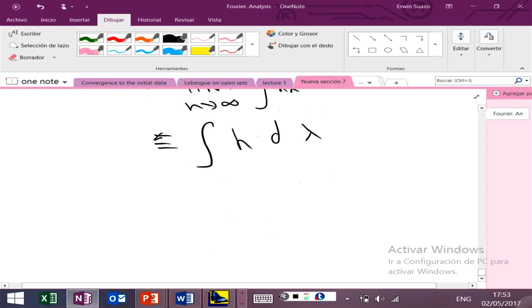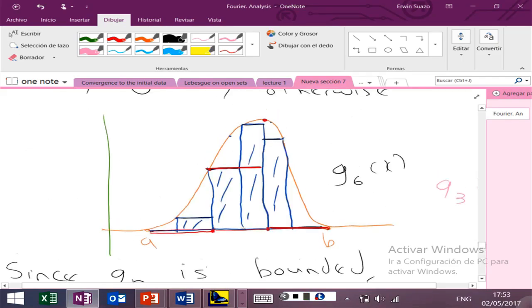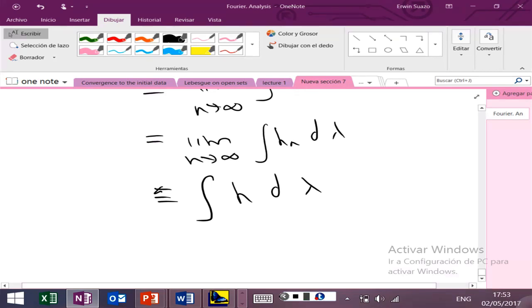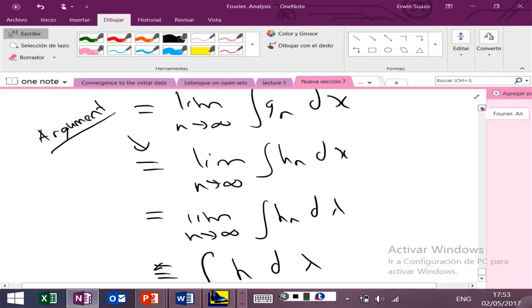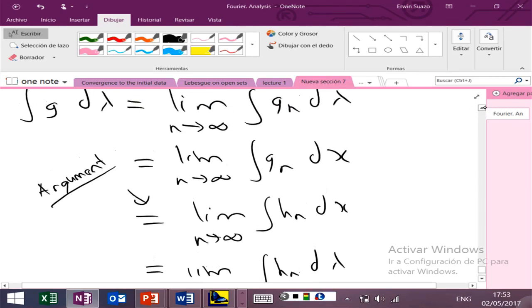So in conclusion, we have that this h d lambda and g d lambda are the same, right?